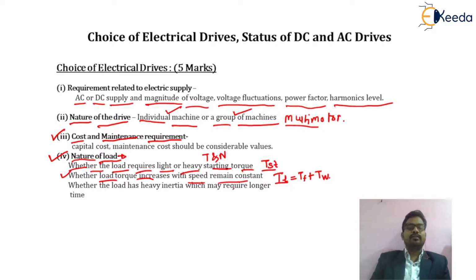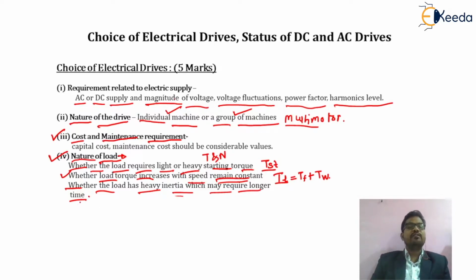So that, in concern with the electrical drive, will be the running cost. Okay, so this will be a very important parameter of your electrical drive. And the third type is whether the load has a heavy type of inertia and may require a longer time.